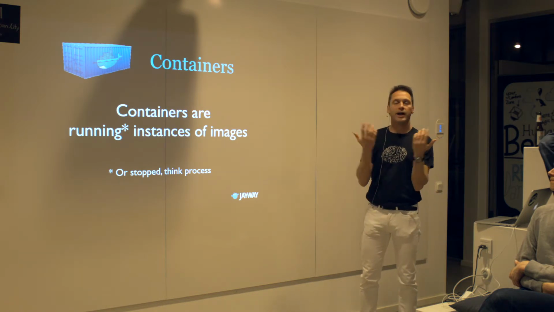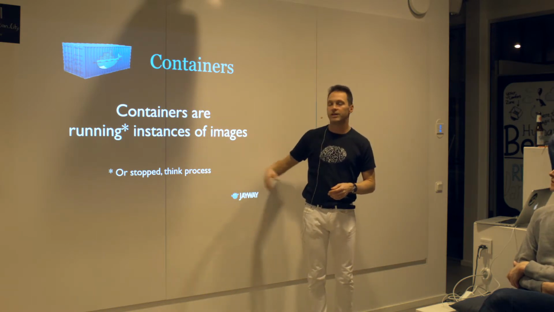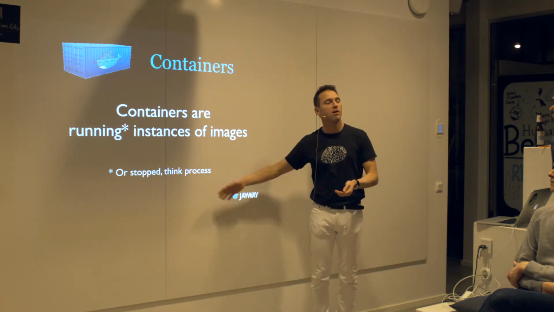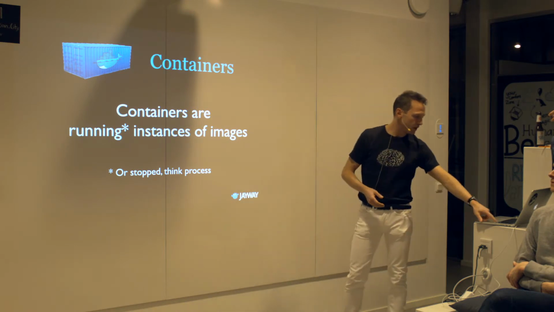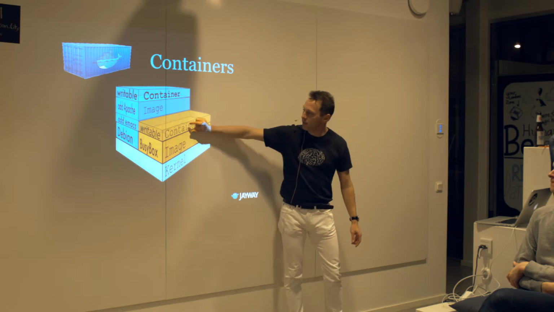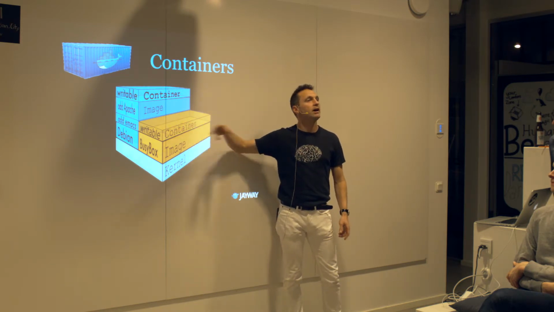Okay, so that was images. Now we move on to containers. Containers are running instances of images, or they can be stopped and they can be restarted. It's like a process. And like I said before, they're running in the top layer here. This is by default a writable layer, but it doesn't have to be.